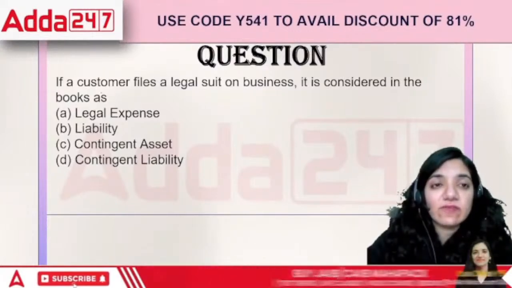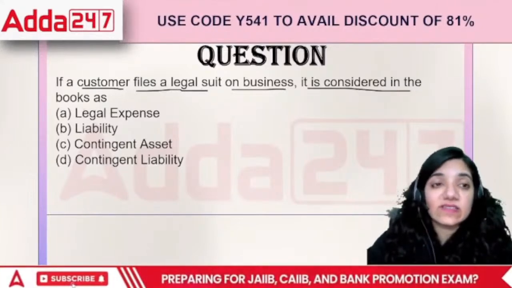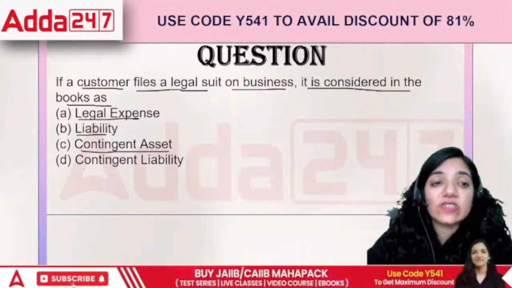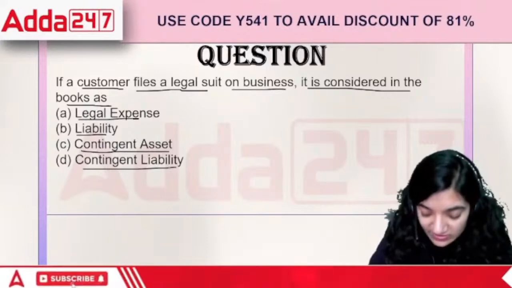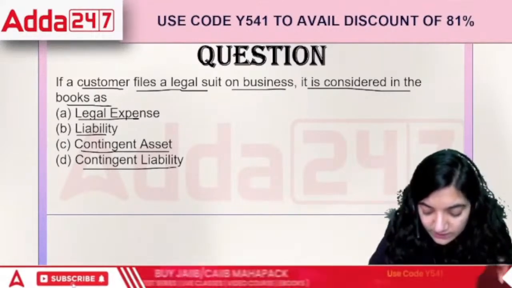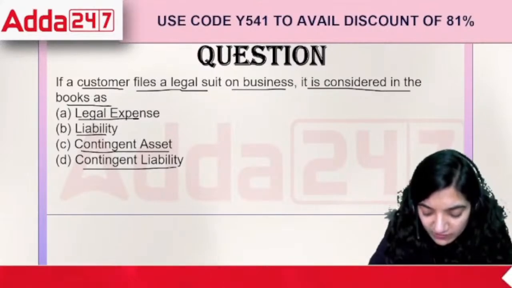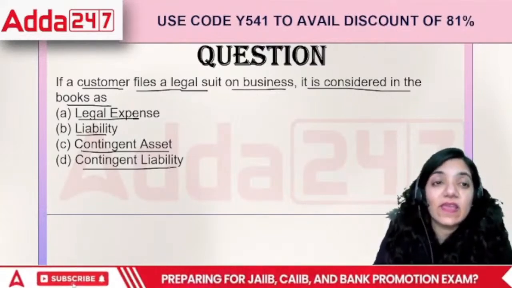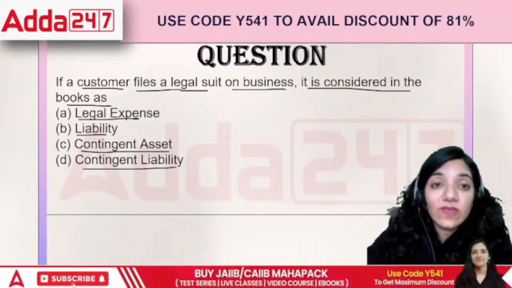The question says, if a customer files a legal suit on business, it is considered in the books as legal expense, liability, contingent asset, or a contingent liability. If a person has filed a legal suit, how do we record it? We are supposed to pay in case of a legal suit, but we never know.